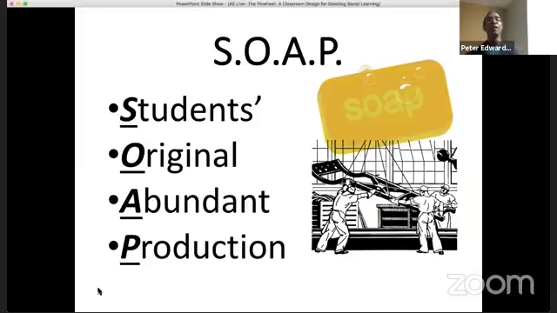So if we can move on, as teachers, I use this acronym because it's nice and easy to remember of SOAP, S-O-A-P, and that stands for Students Original Abundant Production. And I like to keep that in my mind as I am thinking about organizing my class. I want my classes to be as soapy as possible. What I mean by original is that the students are creating their own sentences, their own things that they're saying.